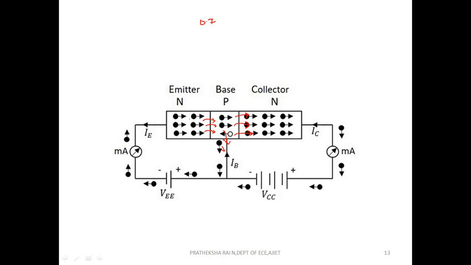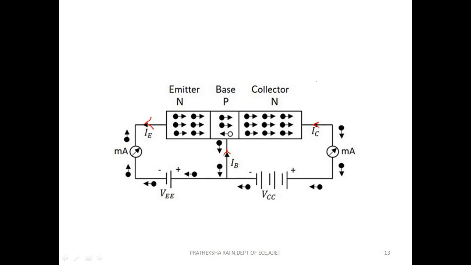The flow of electrons is in this direction, which means the flow of current is in the opposite direction, that is, the emitter current will be moving this side. What about the base? The flow of electrons is this side, so the current will be traveling in the opposite way. Now there is a flow of electrons from base to collector, so the collector current will flow in the opposite direction.